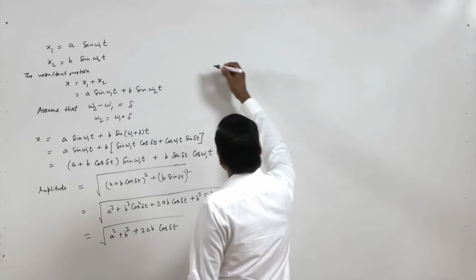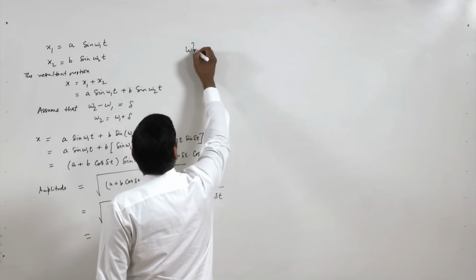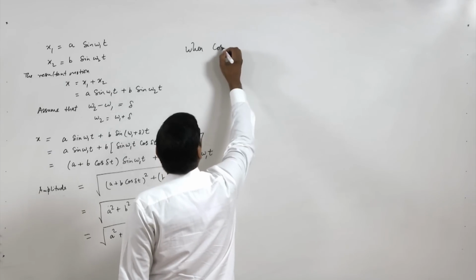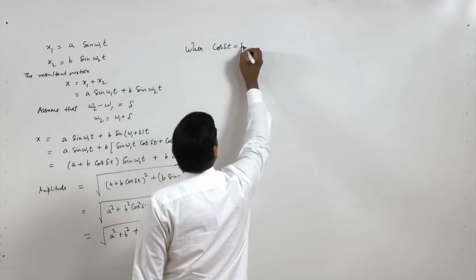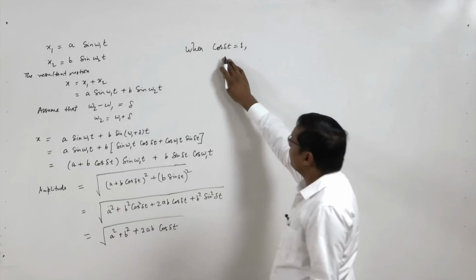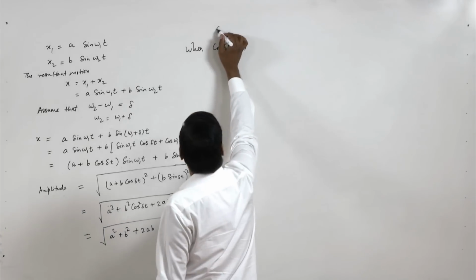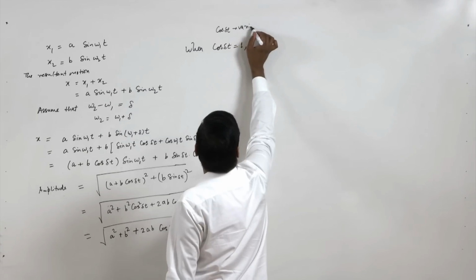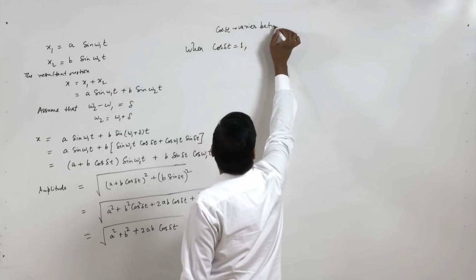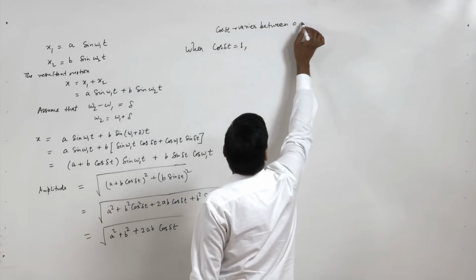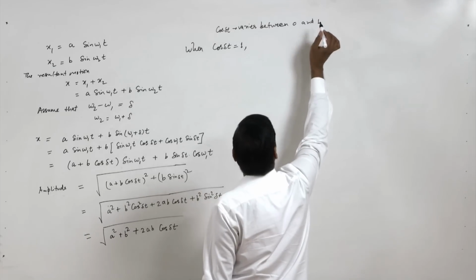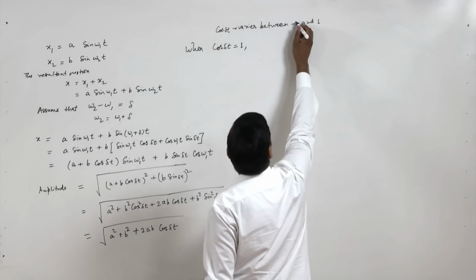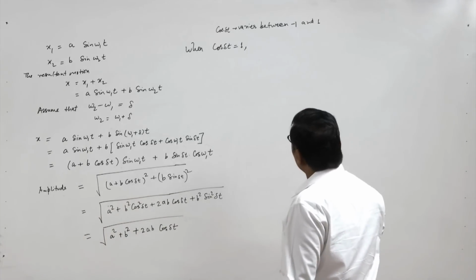Now, when cos delta t equal to 1, because cos delta t varies between minus 1 and 1.